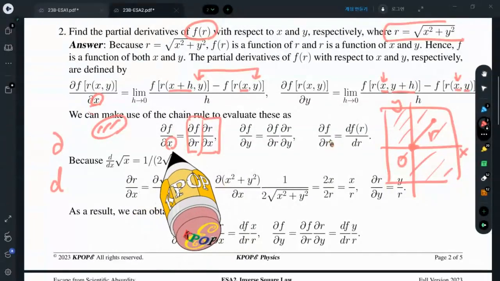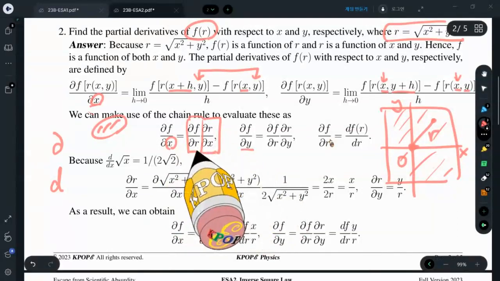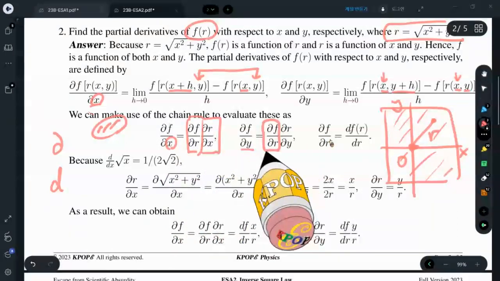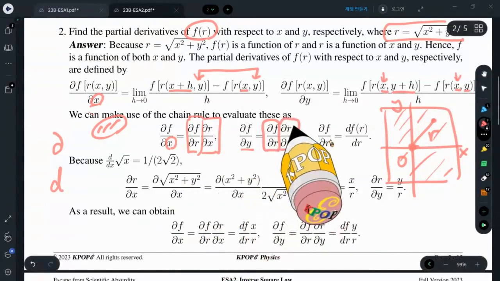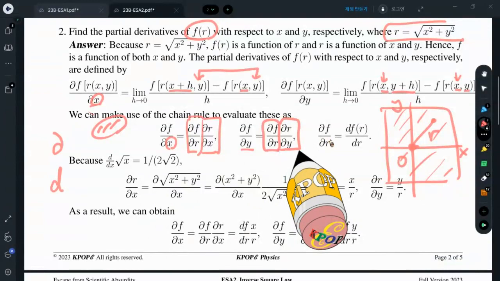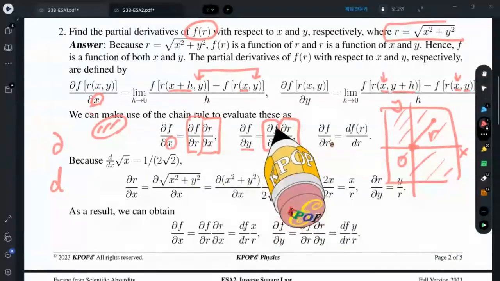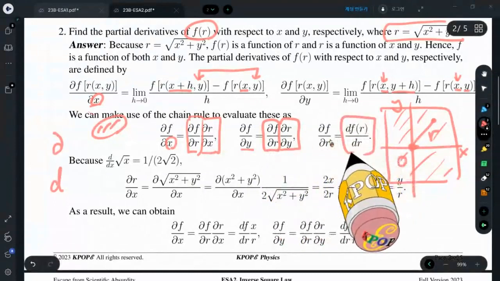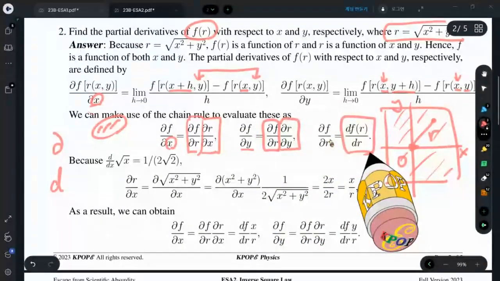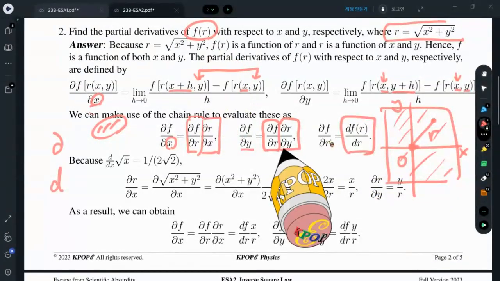Okay, in a similar manner, the y partial derivative can also be obtained by taking the r derivative first and then the r derivative with respect to y. Here, the derivative of f with respect to r is nothing but the normal derivative, because this is a function of a single variable r.